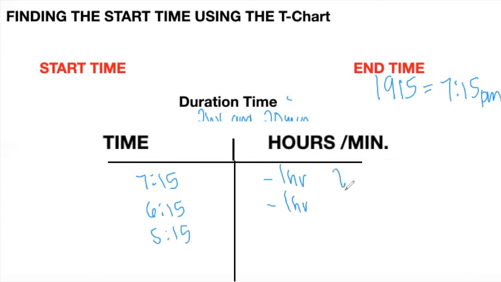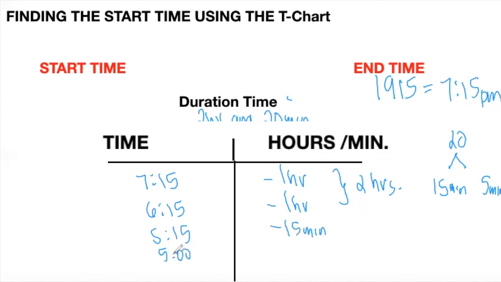For some, you can go straight ahead by subtracting 2 hours. That is okay. Now, we need to subtract 20 minutes. So again, it's 5:15. It's better if we can distribute the 20 minutes as 15 minutes and 5 minutes. So that will be minus 15 minutes, and that is just 5 o'clock.